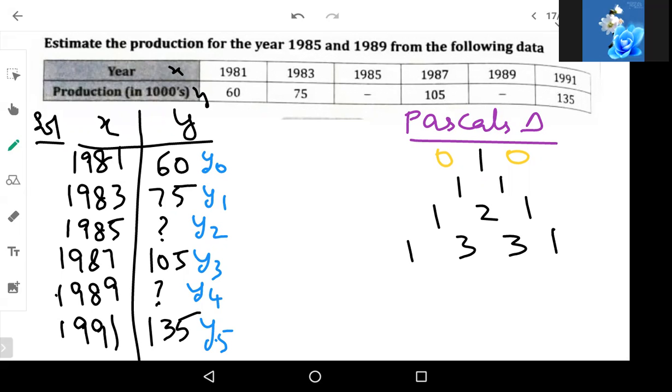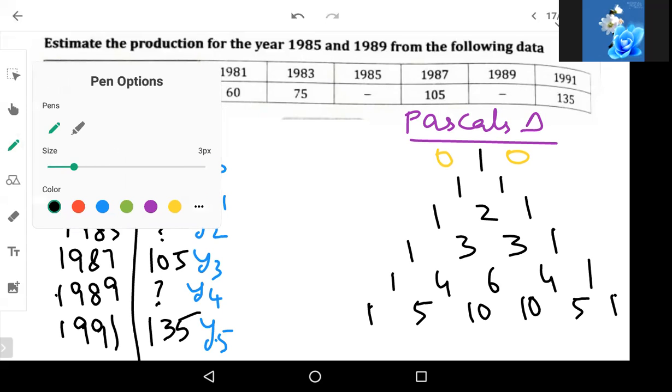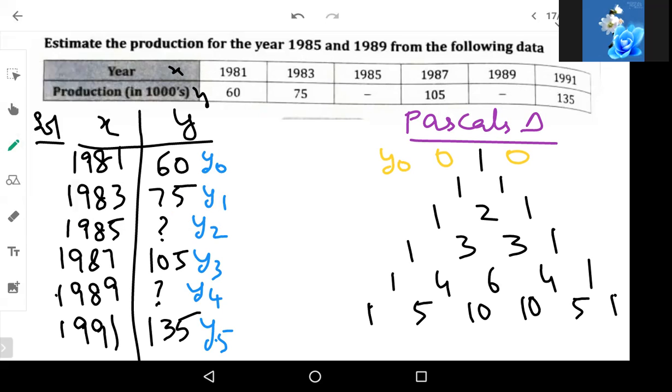Again assume 2 zeros on the other side. So you'll have 1, 4, 6, 4, 1. And then again assume a 0. So 1, 5, 10, 10, 5, 1. So how many data is done? Y0, Y1, Y2, Y3, Y4, Y5. So we have got enough data.